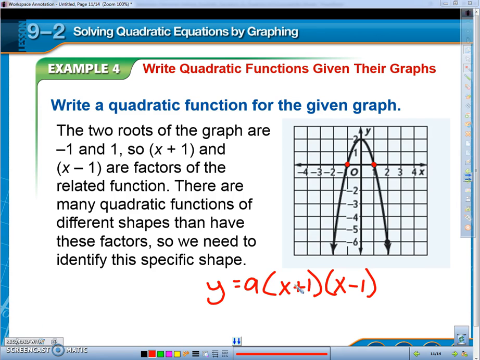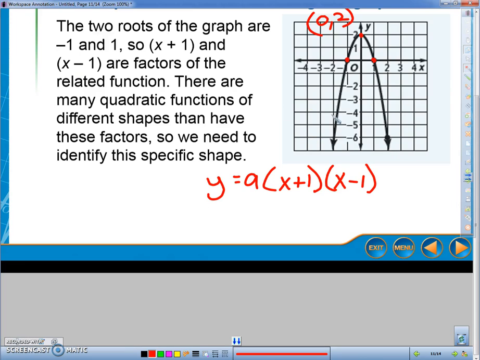You see how x plus 1 gives you -1, x minus 1 gives you 1. Let's use this point right here. You can use any point that's on here, but we're going to use 0, 2. We're going to put the 0 in for the x's, and the 2 in for the y's. The reason I use 0, 2 is it gets rid of these x values and makes it really easy.